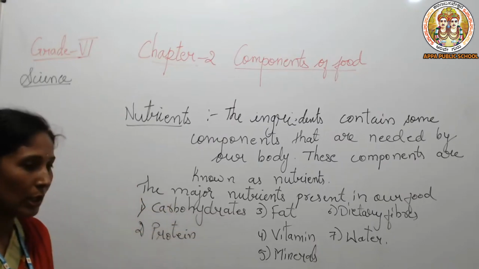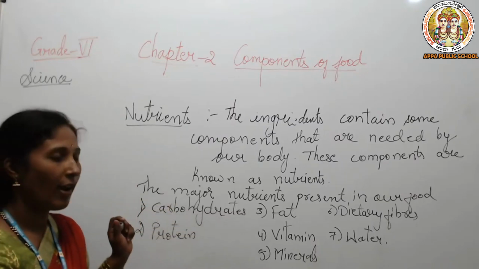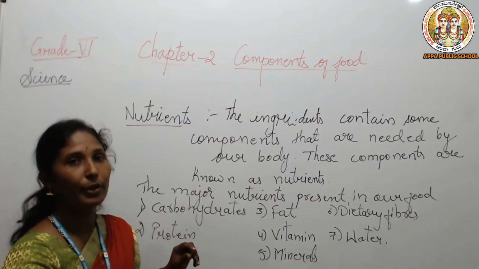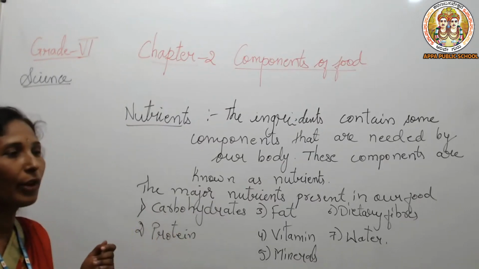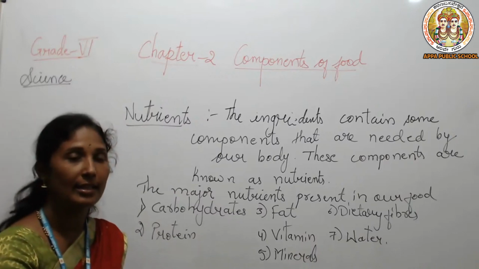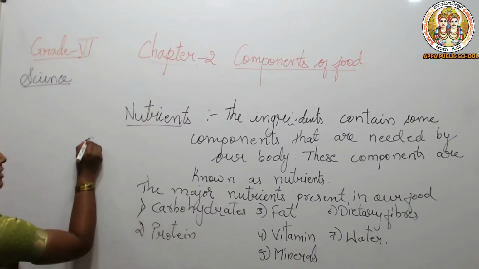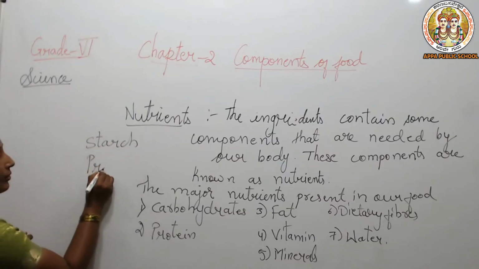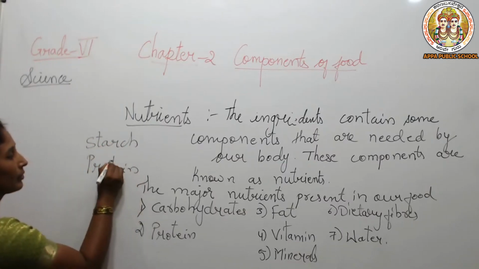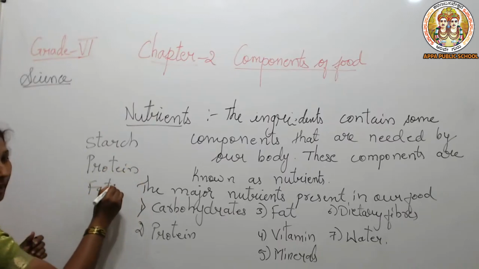We also learned how to know which type of nutrients is present in the food we eat. For knowing that, we did some simple tests: test for starch, test for protein, test for fat.